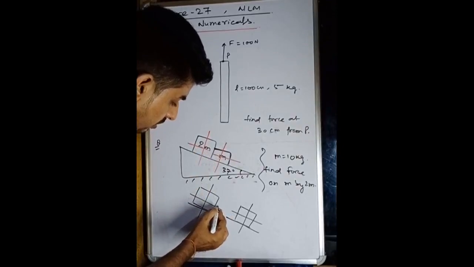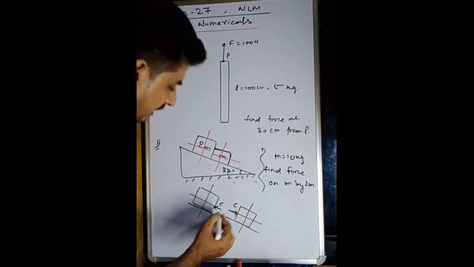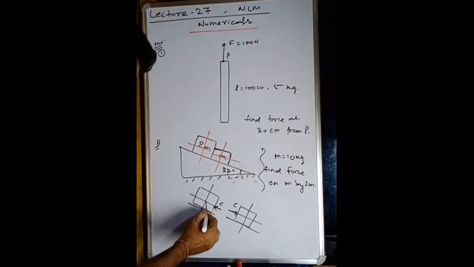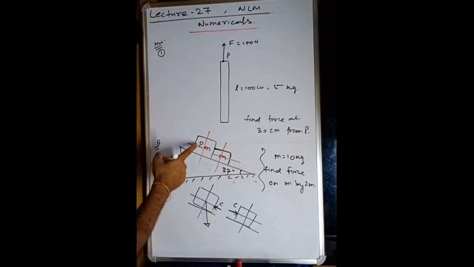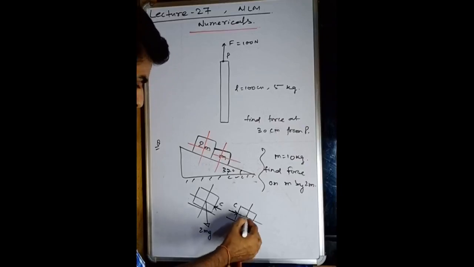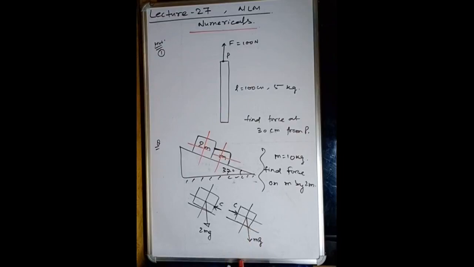So suppose here is the contact force C, and the same contact force C acts on the other. Now the weight of the 2m block is 2mg, and here the m block has weight mg. This is very important to understand in the free body diagram. Then only you will be able to solve this question.